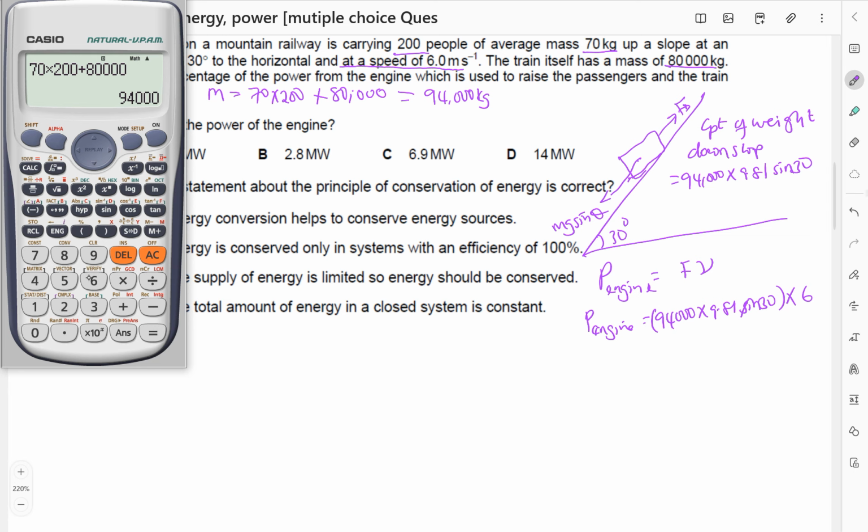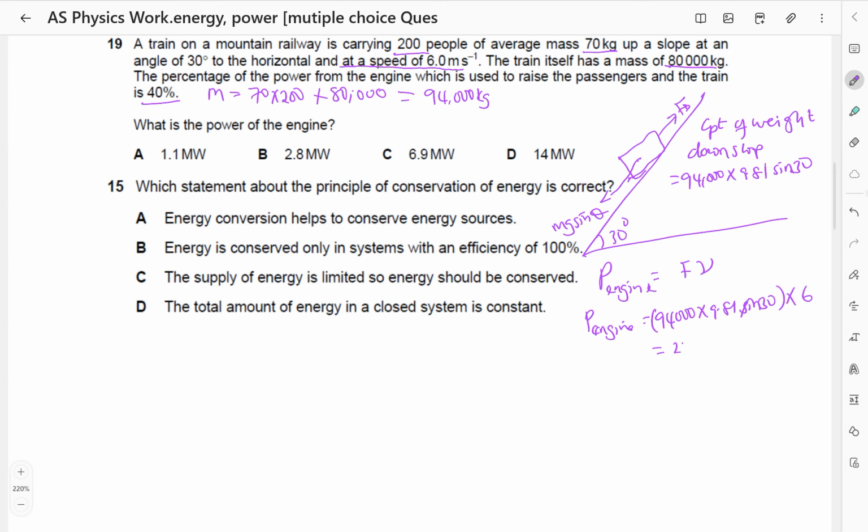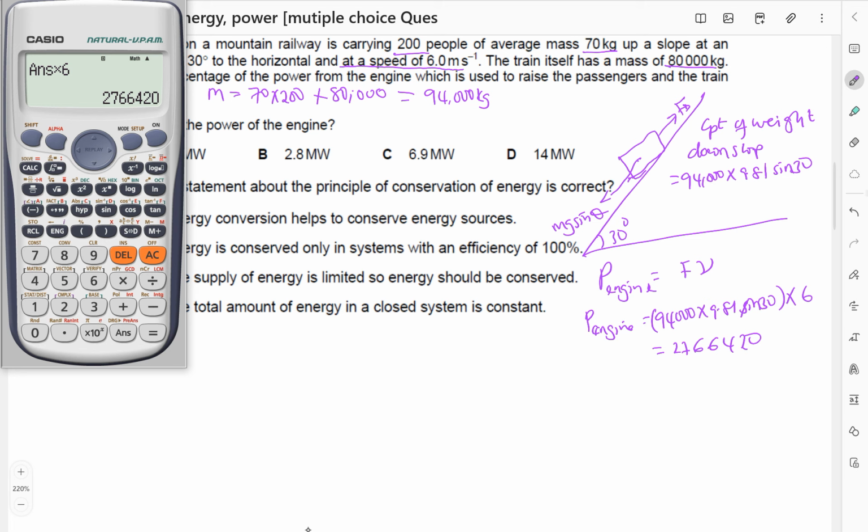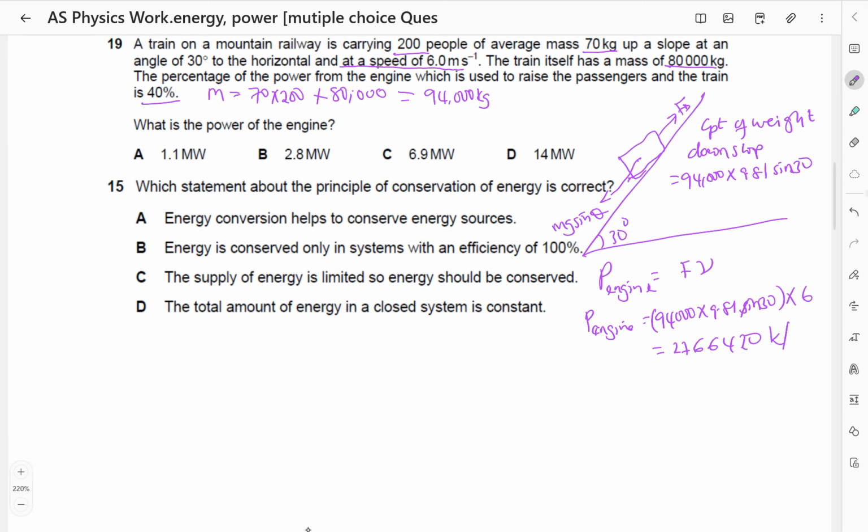This is 94,000 times 9.81 sine of 30, then times 6. So this power is 2,766,420 watts. That is the power by the engine.